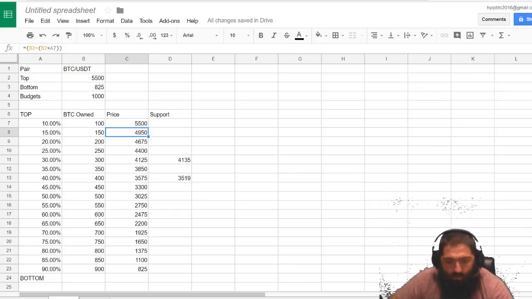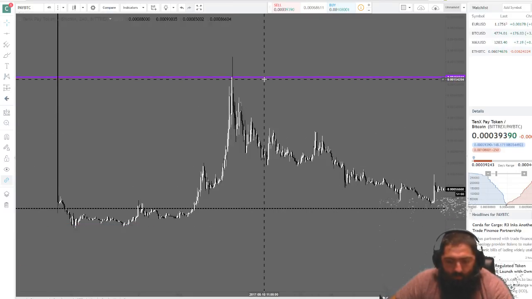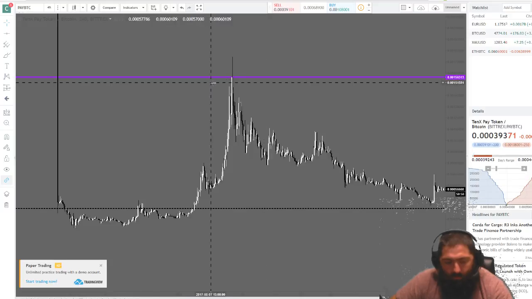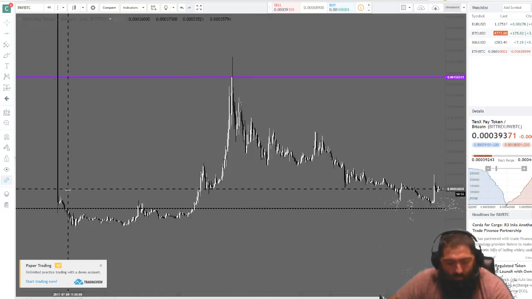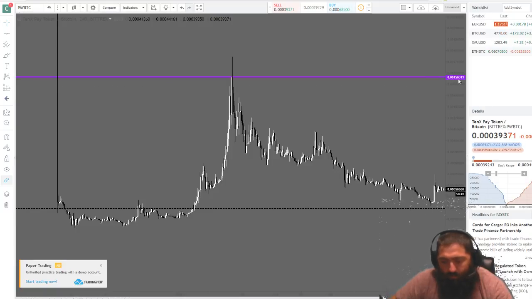So let's take a look at a different coin, and we'll look at BTC Pay. So we'll go ahead and delete that line. I found my top right here. That's the top of the whole entire chart that they have. 0.00156313.